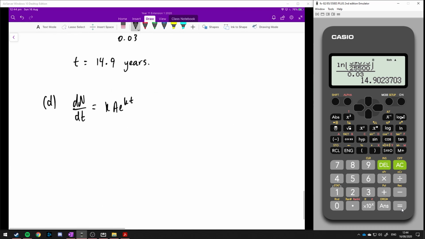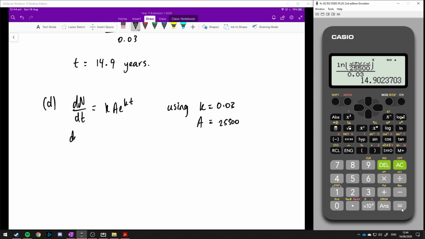But what we can do is use k equal to 0.03 and A, which is equal to 25,500. So dN/dt is equal to 0.03 times 25500 e to the 0.03t.